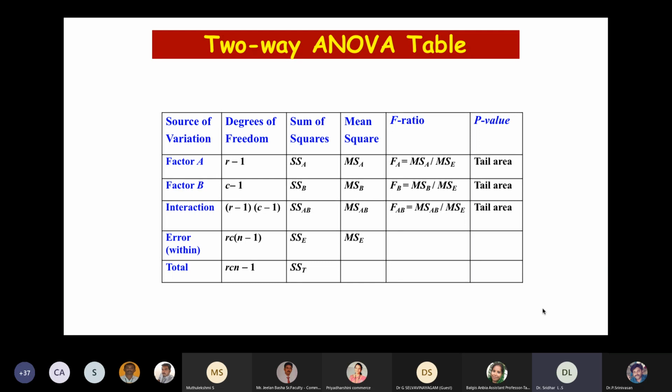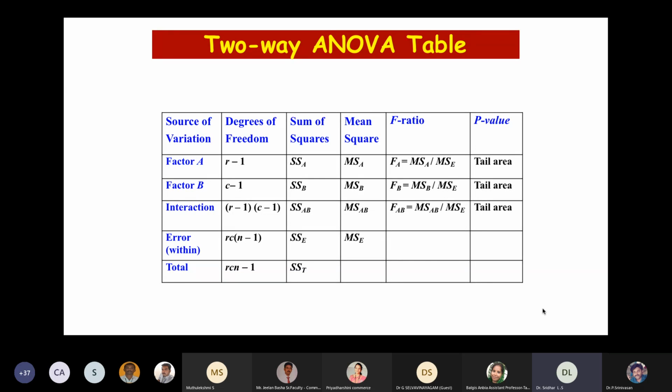In the two-way ANOVA, you can keep three hypotheses. First, you check the differences between male and female, because factor A is gender. You propose the hypothesis that there is no significant difference between male and female in the number of times they visit the hospital.